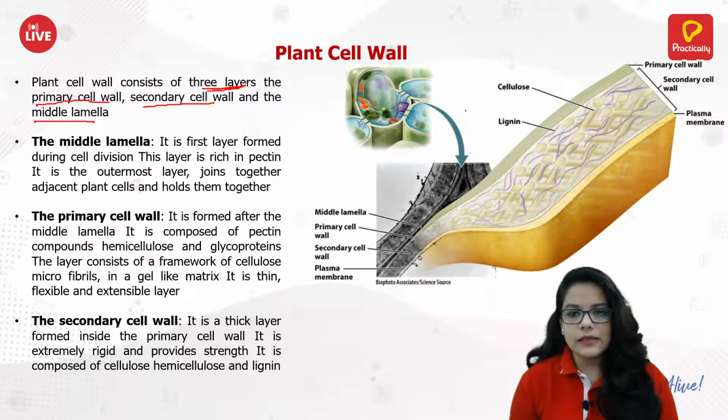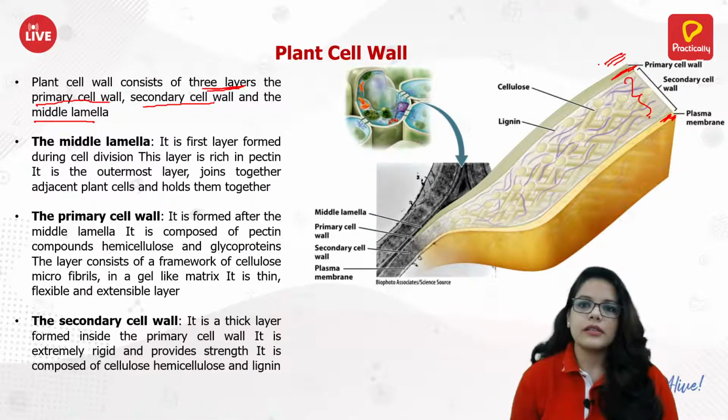This is how it looks. This is the primary part, and this is the secondary part. These are the insides, the plasma membrane. And somewhere in the middle here is the middle lamella.